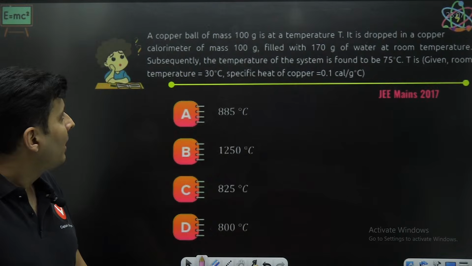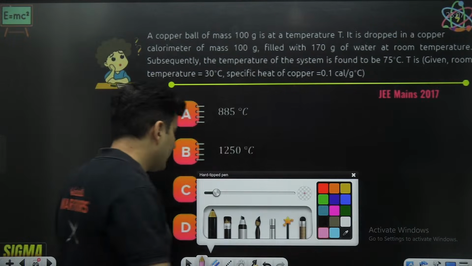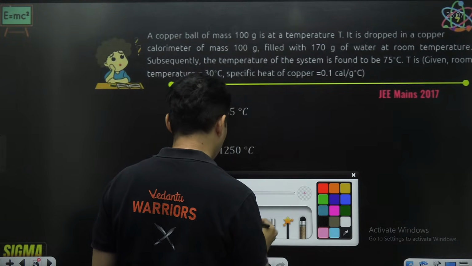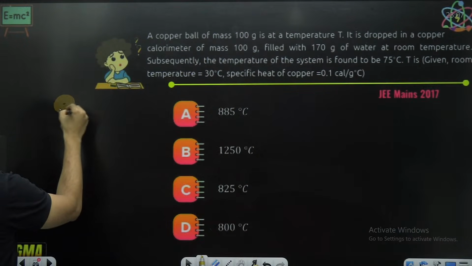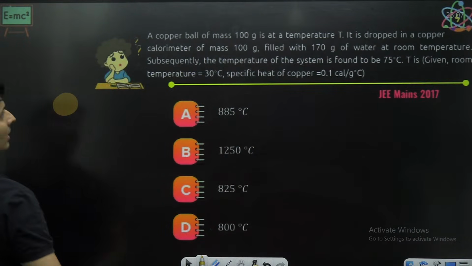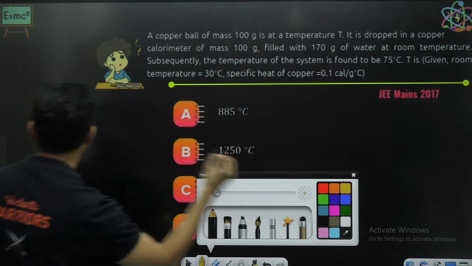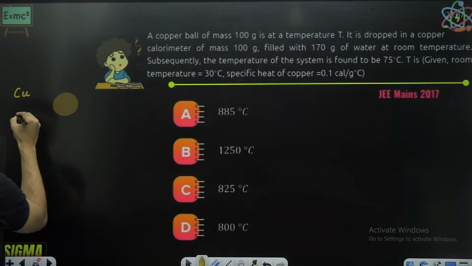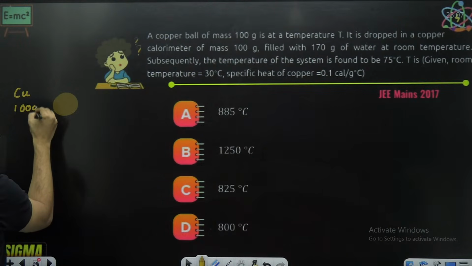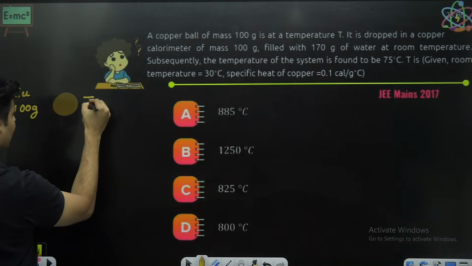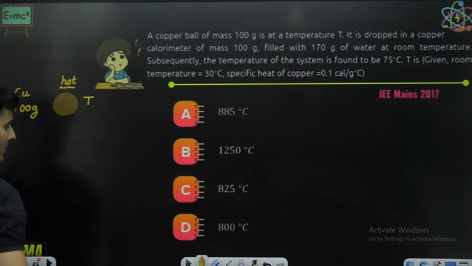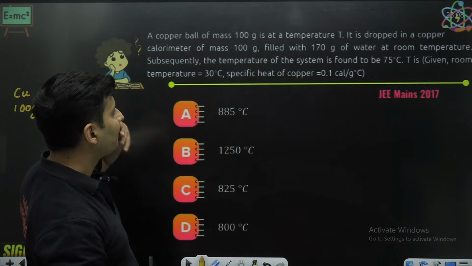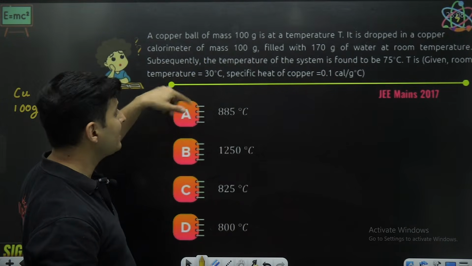Okay. Now, there is a copper ball. Let's visualize. Nothing else we can do over here, just have to visualize. There is a copper ball. How much is the mass? Let me draw. This is copper, which is 100 grams. I don't know what the temperature is, but definitely it should be hot. That's what I'm guessing. That's why, finally it will come to 75 Celsius.